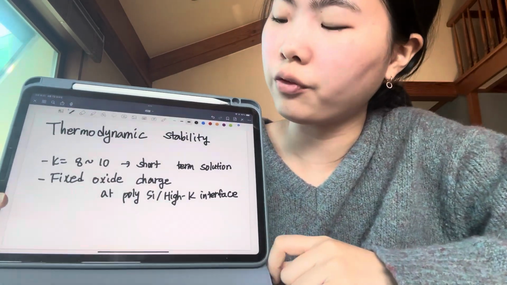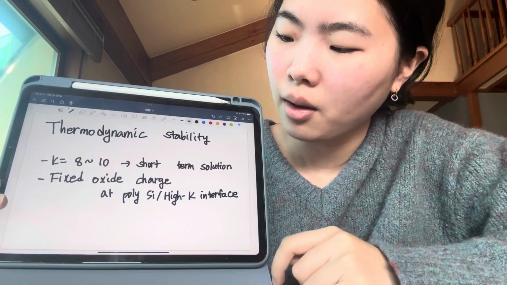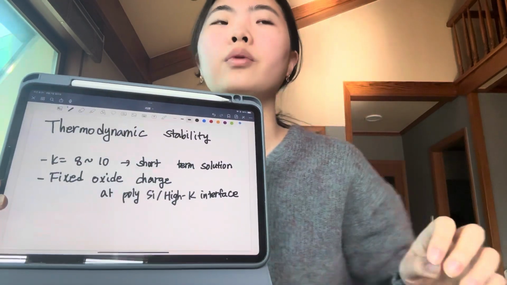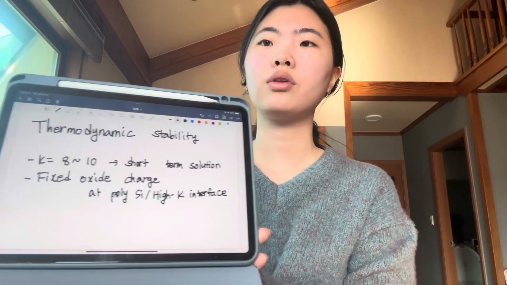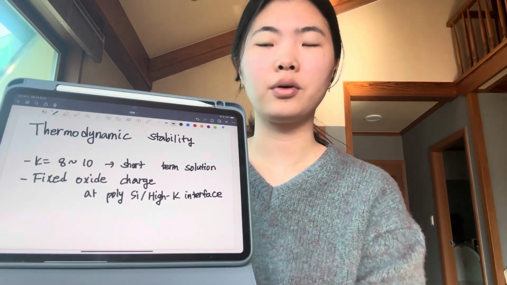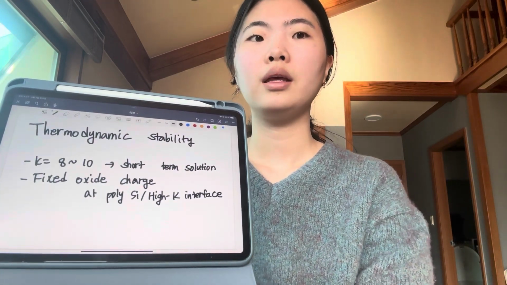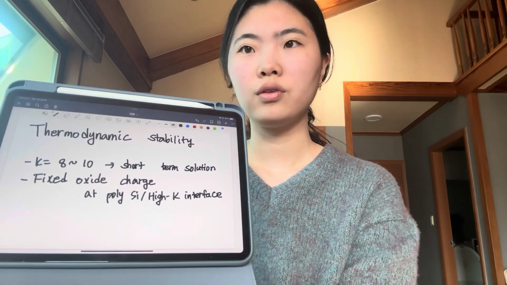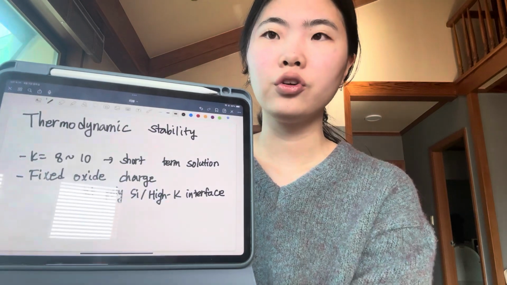Also there is fixed oxide charge at the polysilicon and high-K interface, and because of thermal energy and temperature, many characteristics of the semiconductor change.